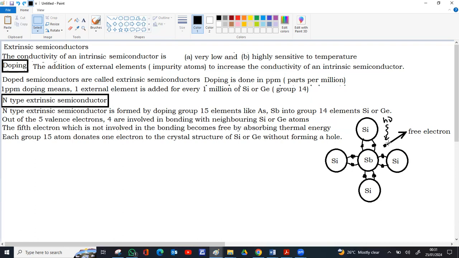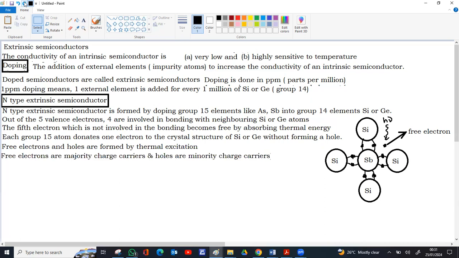So free electrons become more in number compared to the holes. So free electrons are the majority charge carriers, larger in number. The holes are minority charge carriers. That means Ne is greater than NH.